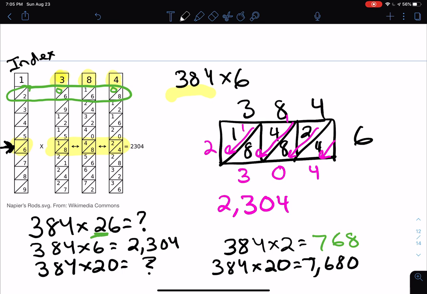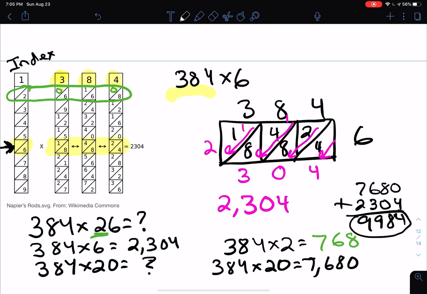And then you add up those results. You add up the 7,680 with the 2,304 from earlier, and you get 9,984. So put that in your trusty calculator, 384 times 26, and you get 9,984. You get the same result.